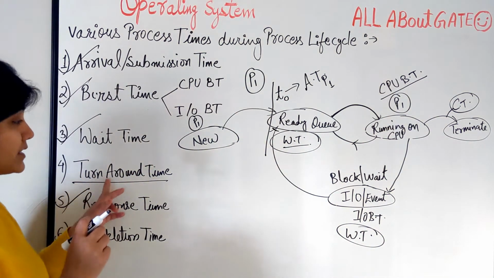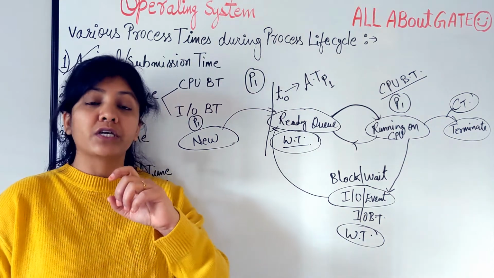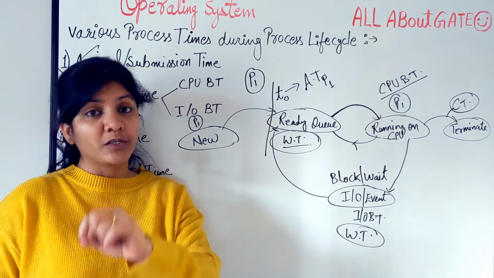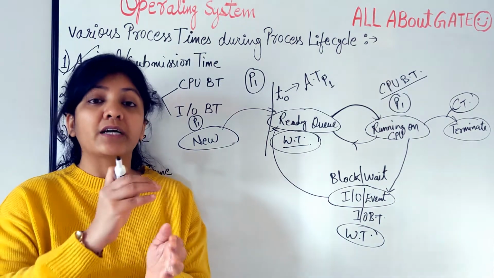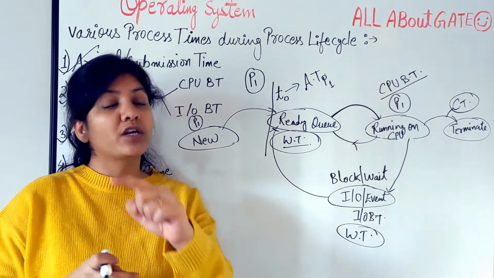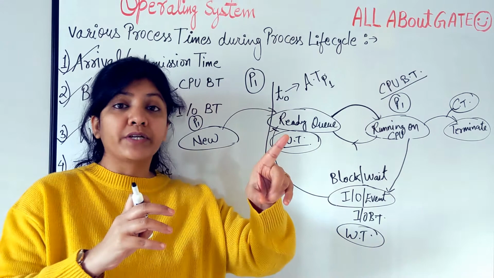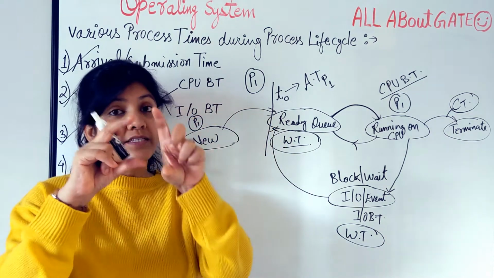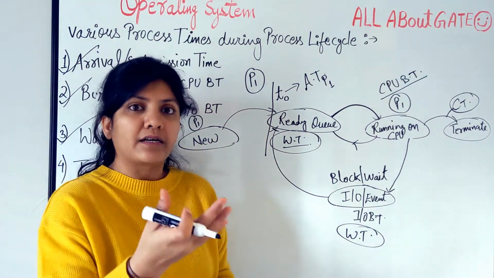Now finally the turnaround time, which is a very important performance metric, quite used to analyze the performance of a CPU scheduling algorithm. Turnaround time, in a very simple manner, is the total amount of time a process spends in the system, either executing or waiting. So waiting time plus execution time is the turnaround time.